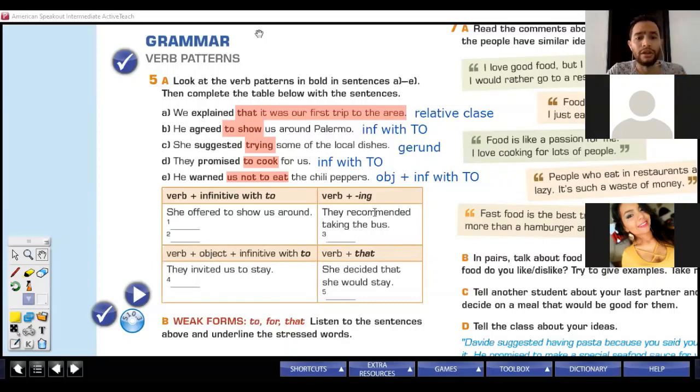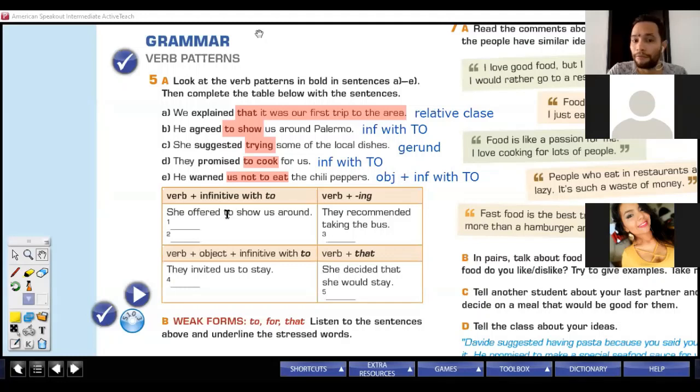Here in this chart, as you can see, we have the structures or patterns of those verbs. In the first one, we have verb plus infinitive with to, just like I showed you in the first example. So, she offered to show us around.